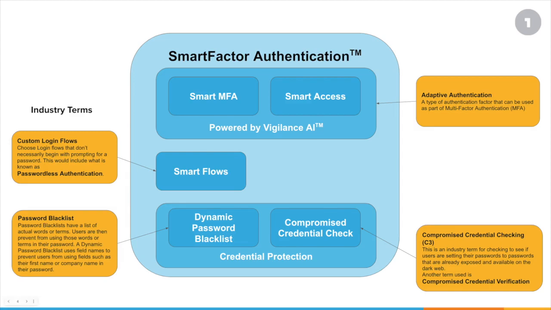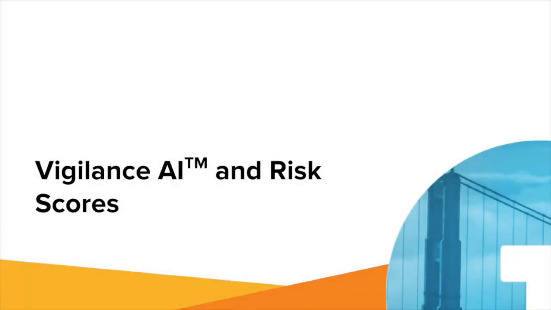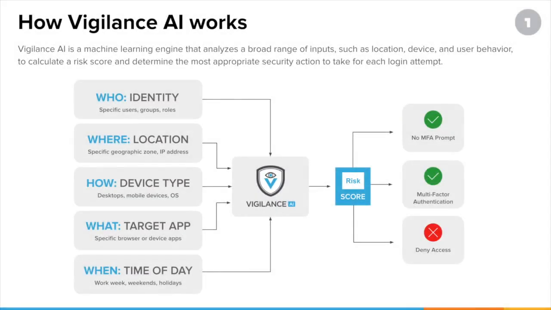One of the core components that comes with SmartFactor is OneLogin's Vigilance AI engine and the ability to generate risk scores that reflect how risky a login attempt is based upon a user's normal login behavior. When a user logs into OneLogin, the context of their login is tracked.